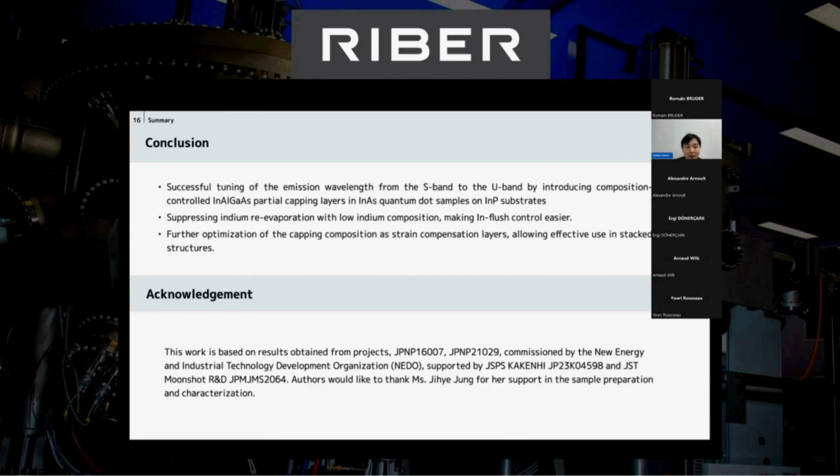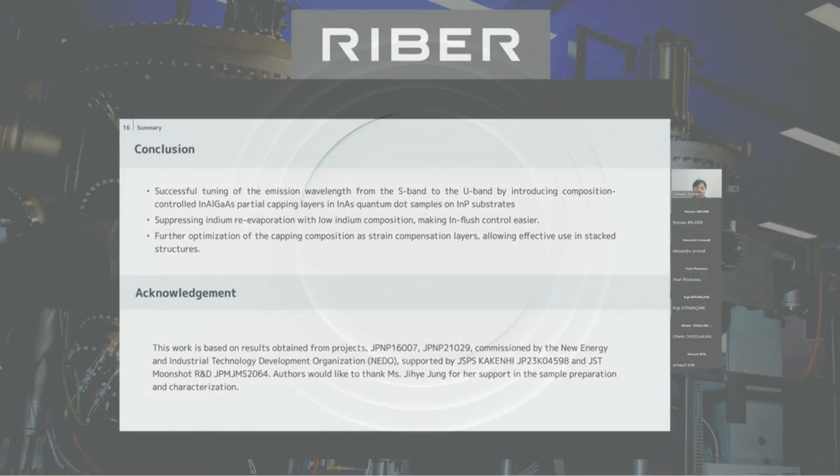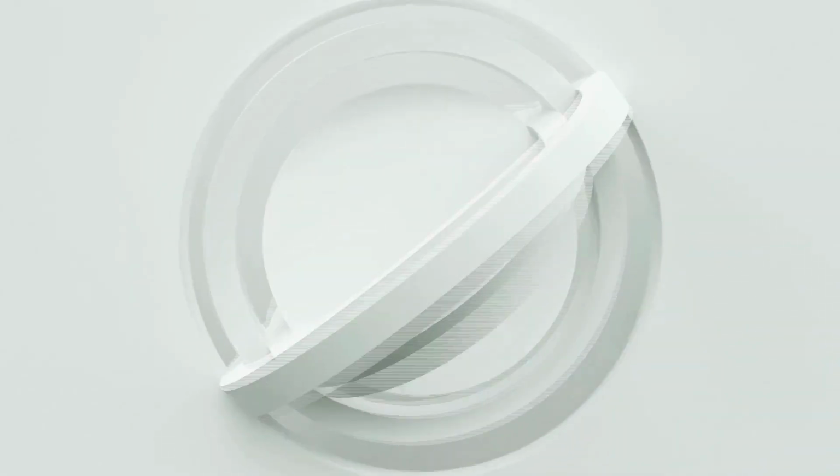And we use the EZ-Curve for the composition check, and also we can observe the strain compensation layer allowing effective use in the quantum dot structure.